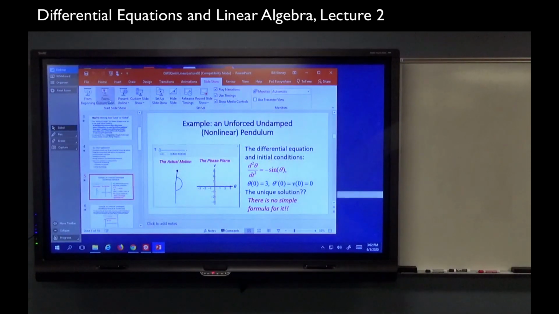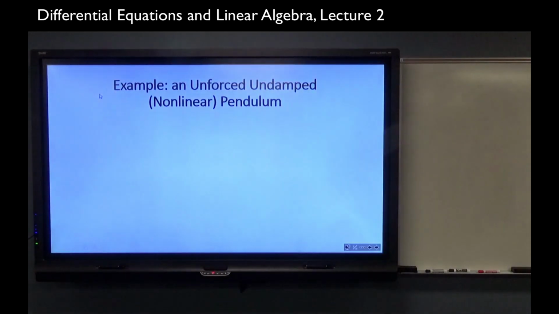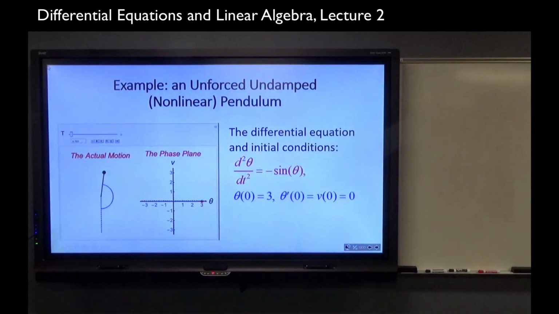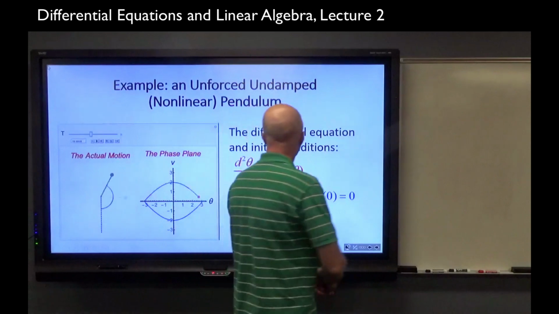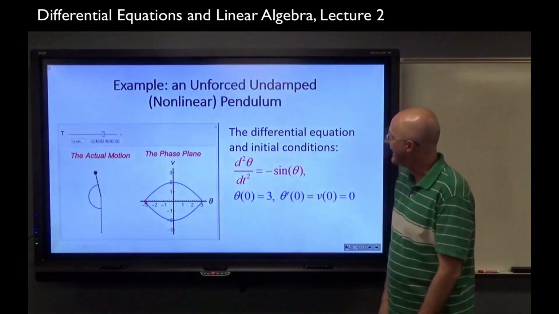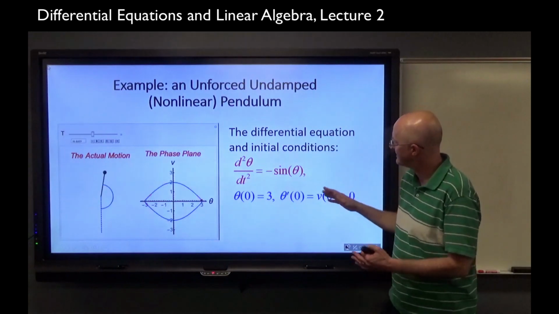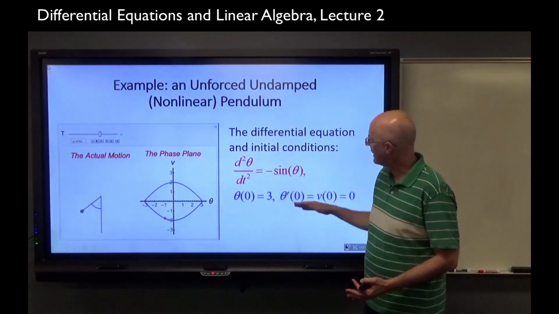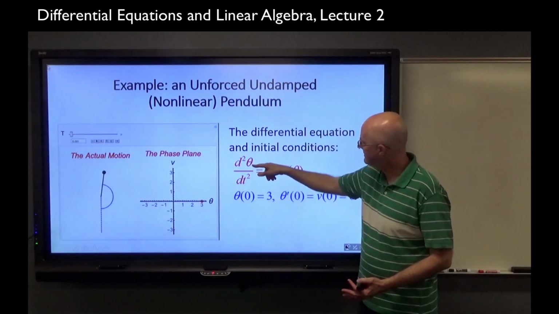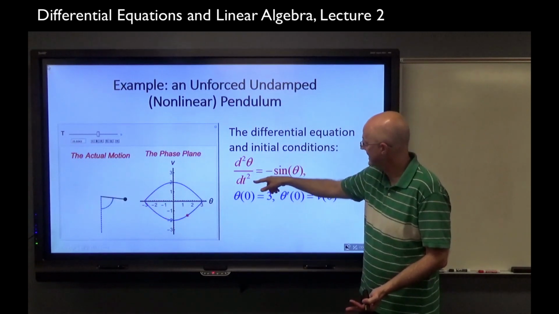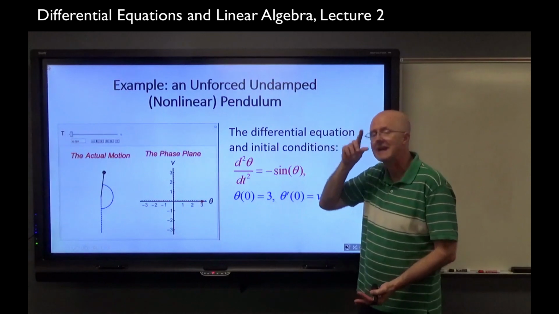So it turns out that a differential equation for this pendulum, if you assume the mass of the bob is a certain number, and you assume the acceleration due to gravity is picked with certain units to make things simple, is this equation here. The second derivative of theta with respect to time twice, meaning essentially the angular acceleration in radians per second squared.